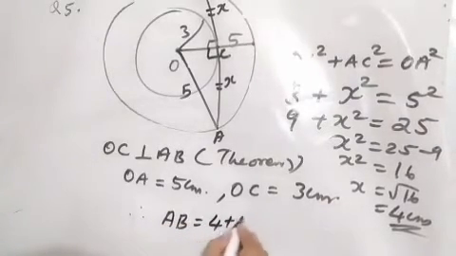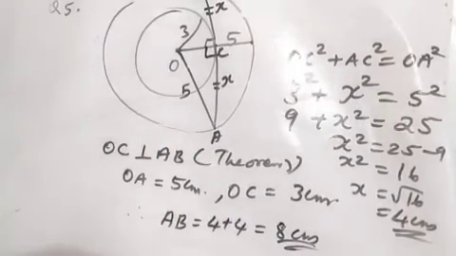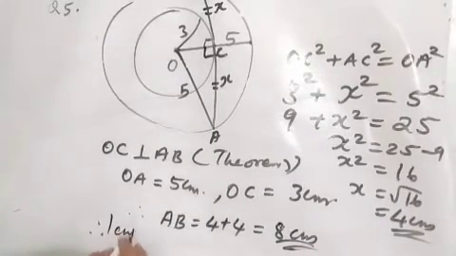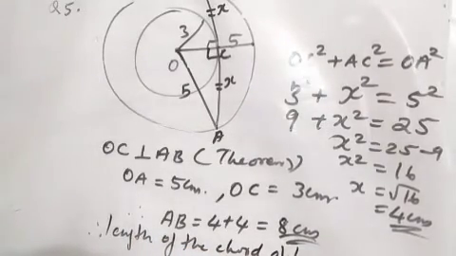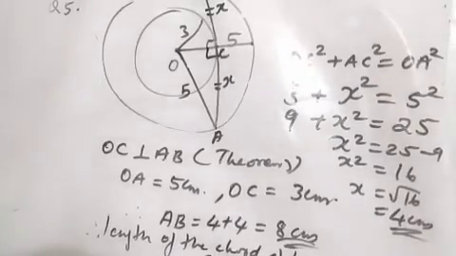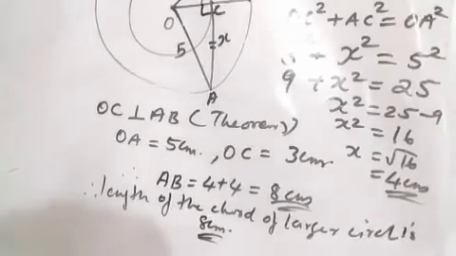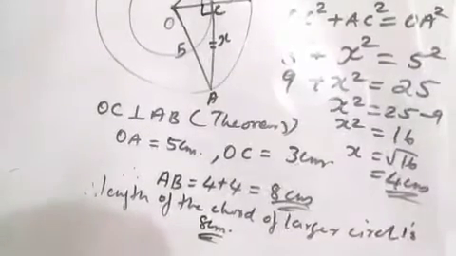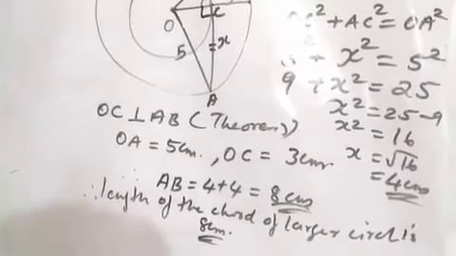Yes, 4 plus 4, 8 centimeter. Therefore, the length of the chord of the larger circle is 8 cm. Understood this problem? Okay.